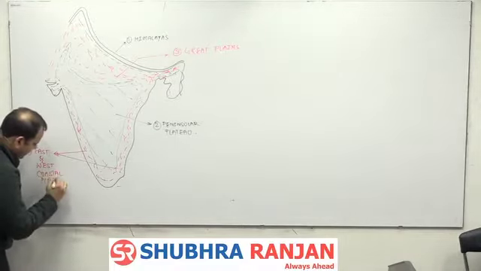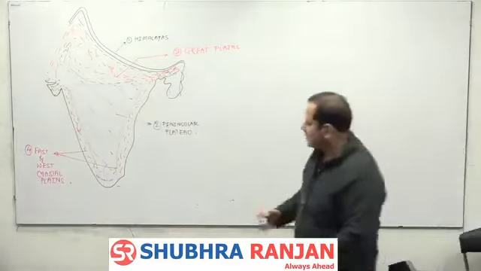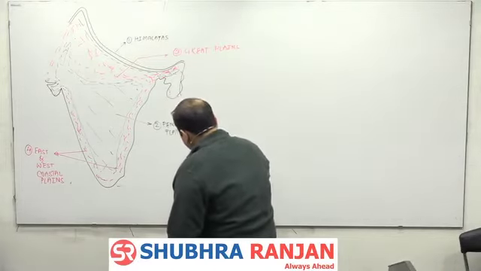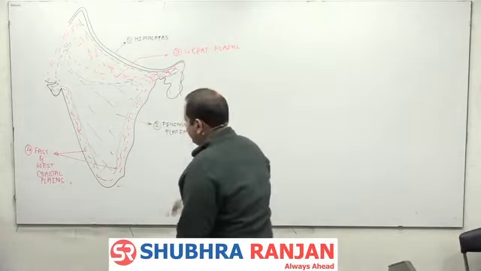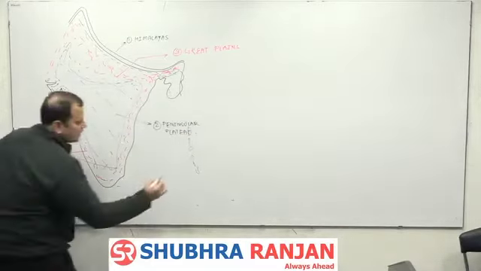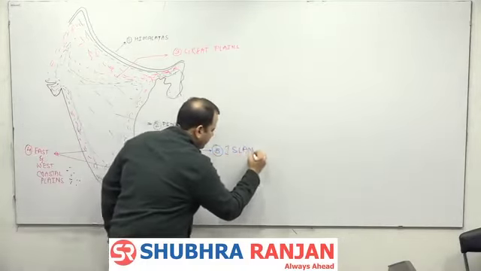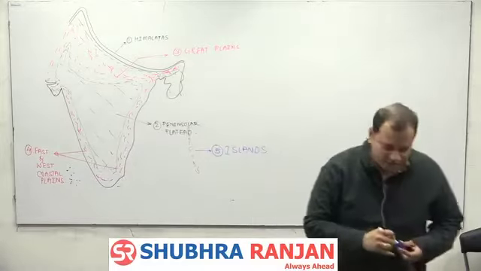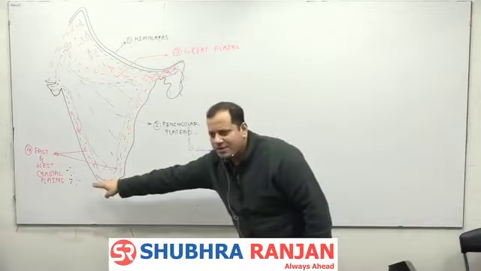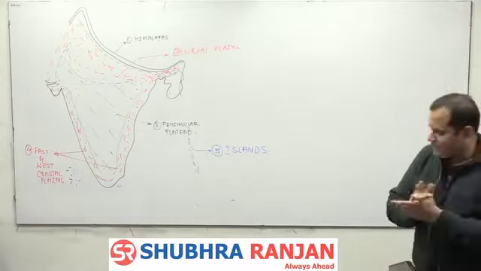And the fifth physiographic division of India is the islands of India, which are divided into two types. One is tectonic islands, that is Andaman and Nicobar, and the other is Lakshadweep, that is coral islands. Fine. So this is the physiographic division of India.